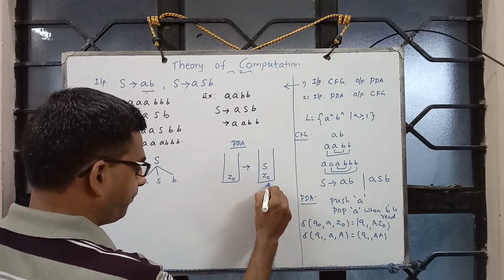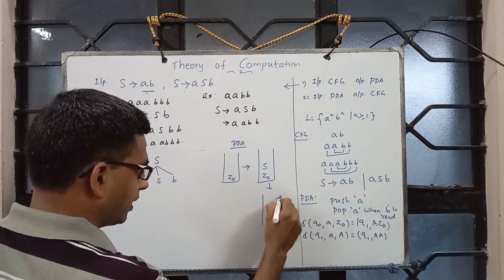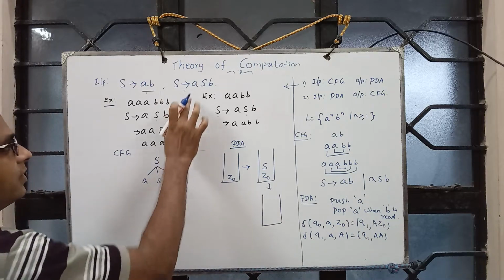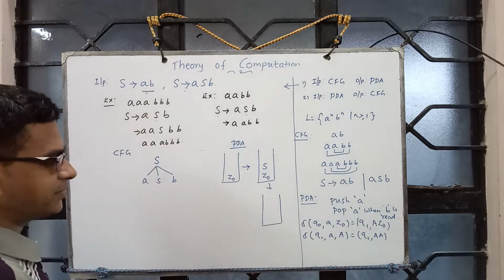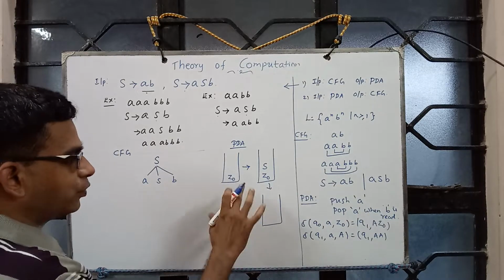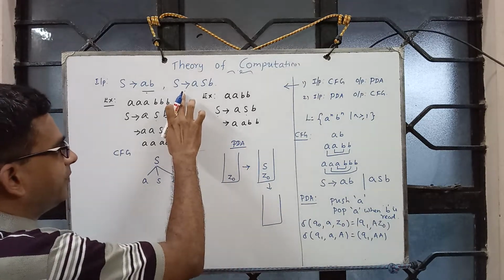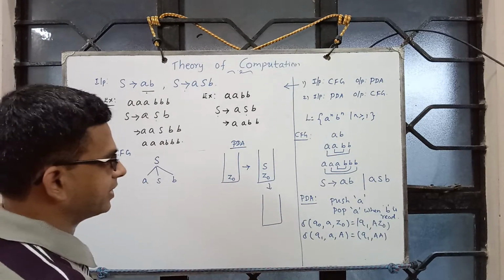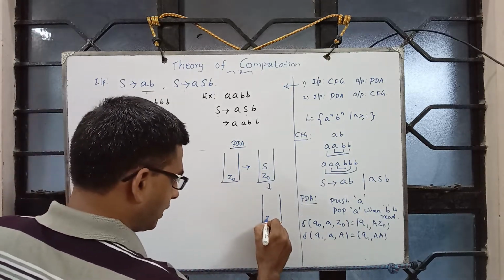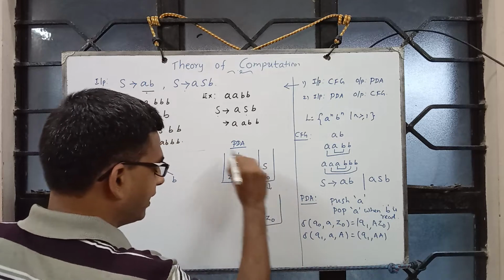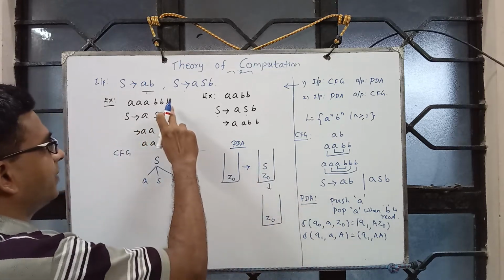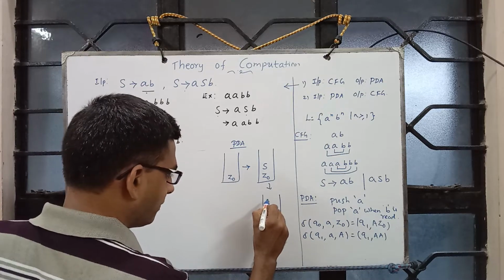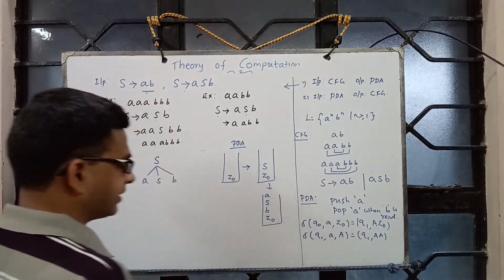Then we replace S by this one or this one. In some sense, we do not know whether to replace S by this or this, so we design a non-deterministic machine. Let's assume I replace S with ASB, which means B is at the bottom, S above it, and above that A.